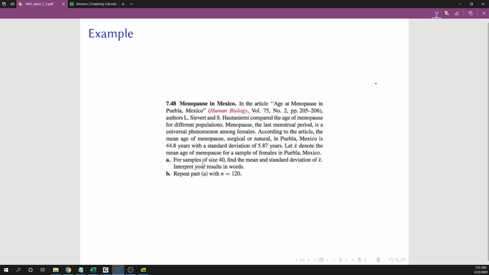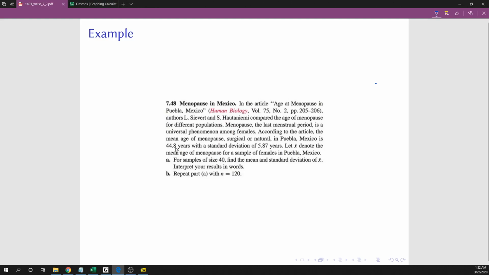Let X bar denote the mean age of menopause for a sample of females in Puebla, Mexico. For samples of size 40, find the mean and standard deviation of X bar, that's the sample means. Interpret your results.